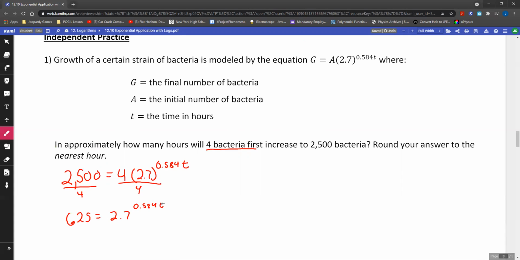We get 625. Take the log of both sides. This becomes log of 625. The exponent drops down, log of 2.7. I'm actually going to do it all in one go, but you could divide both sides by log 2.7 and then again by this fraction. So I'm essentially dividing by everything that's not the t.